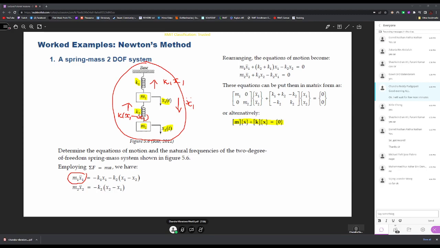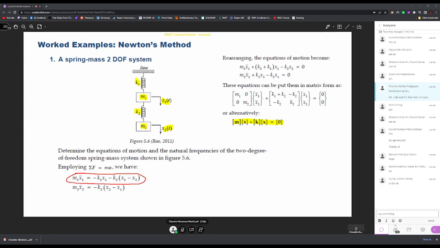This net force is equivalent to the spring force, negative k1 into x1, since the upward force is negative. Then for spring k2, the force is negative k2 into the net displacement, x1 minus x2. So this will be the equation of motion for mass 1.